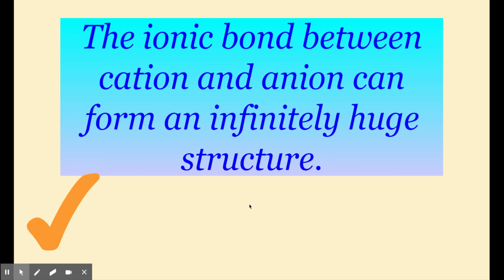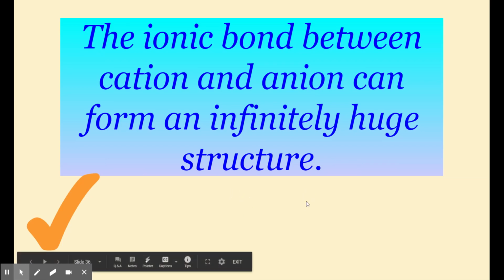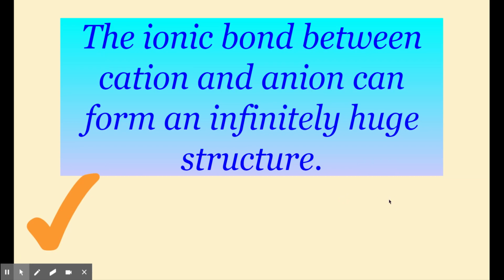That means no matter which direction you have the cations and anions, once they get close to each other, they can pack and continue the attraction. To be exact, it can form an infinite structure without ending if there is an unlimited amount of cations and anions. So I hope that this video can let you understand more about ionic bond.